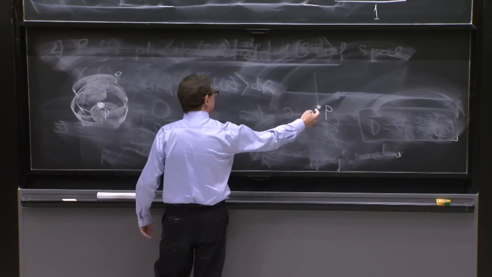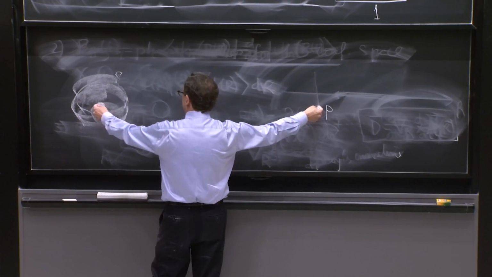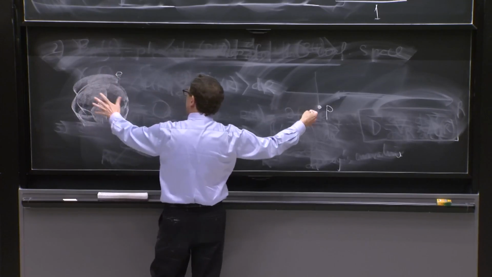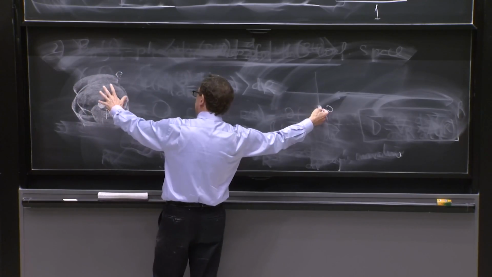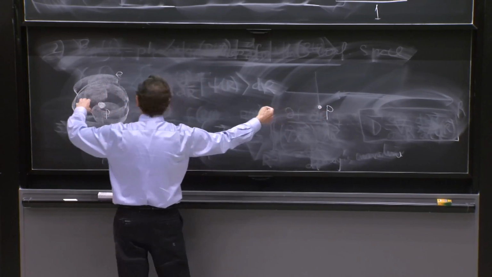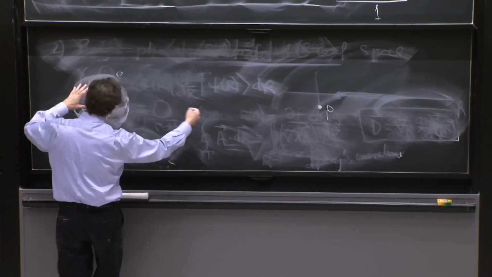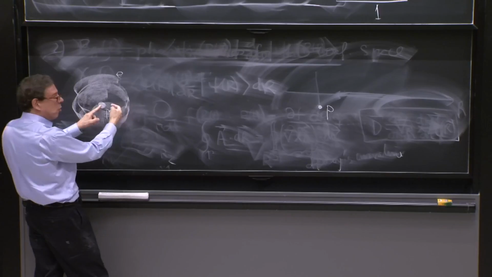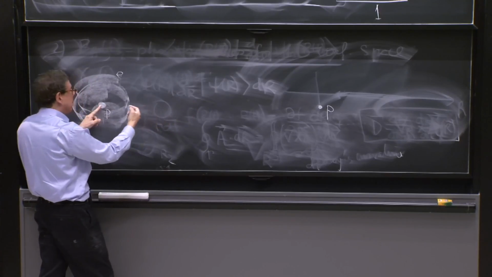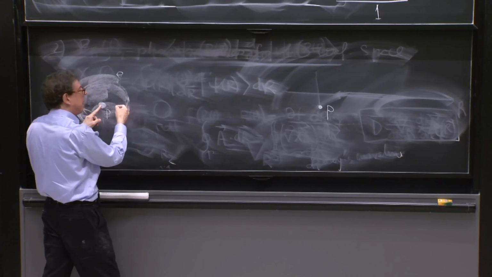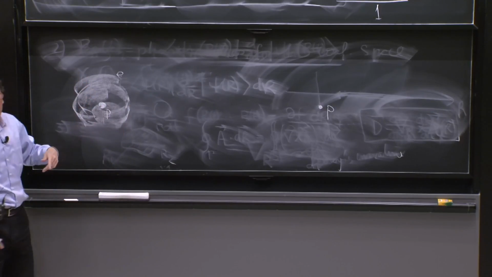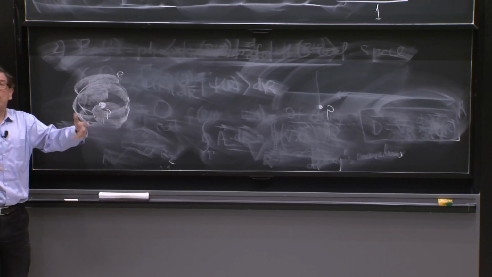Well, as I bring it in, this kind of is neutral, but eventually this proton is going to polarize this thing. If I come too close, it repels it. So there will be a force repelling it, and we have to figure out what it does. Suppose I try to bring it in.